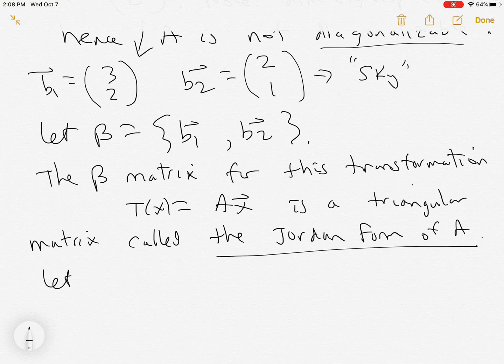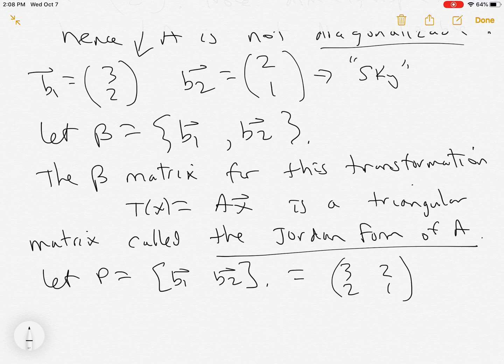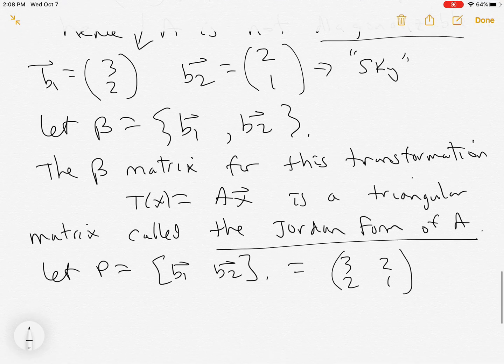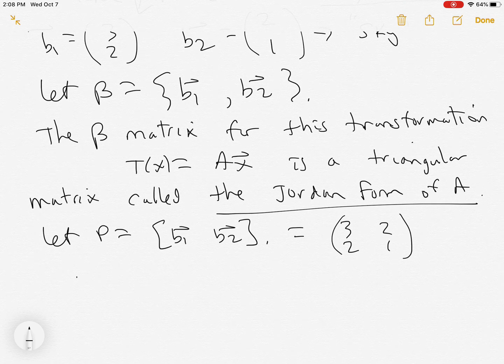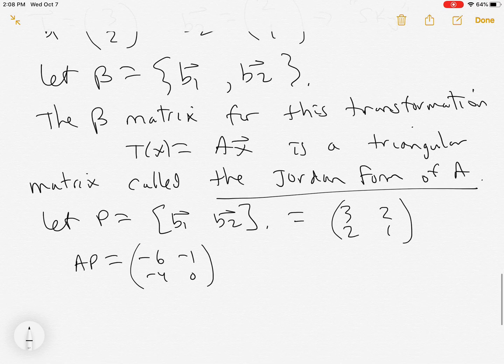So now let P be these two column vectors. So P turns out to be 3, 2, 2, 1. Then you take this one step at a time, compute AP, which turns out to be -6, -4, -1, 0. And then compute P inverse AP, and you get -2, 1, 0, -2.